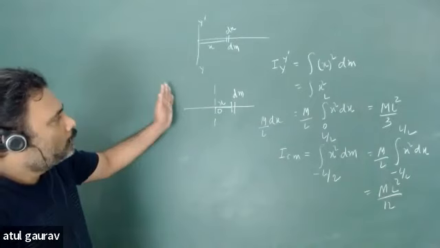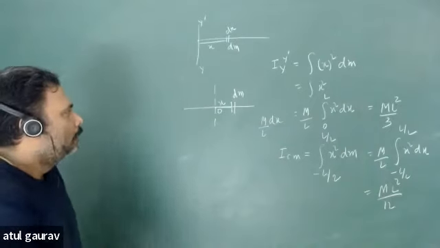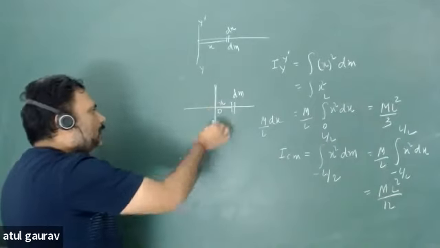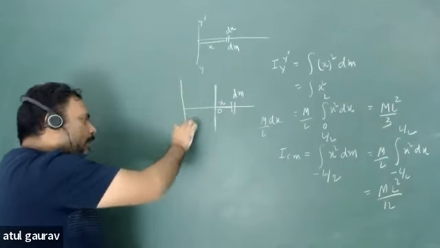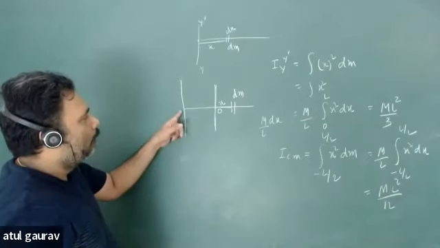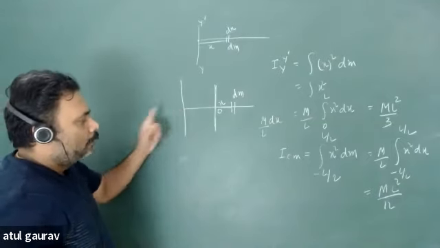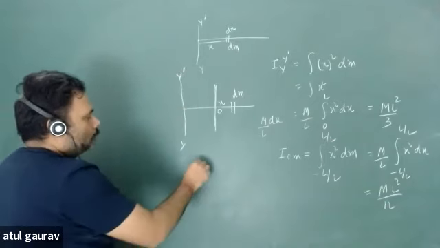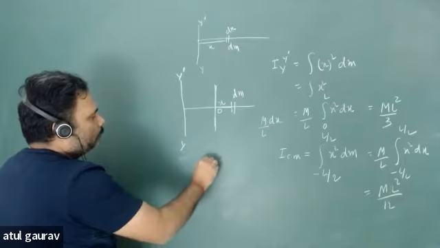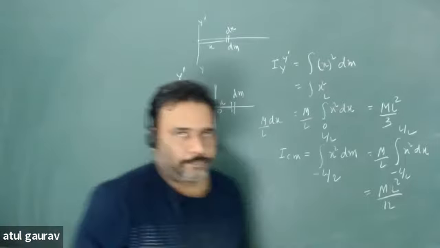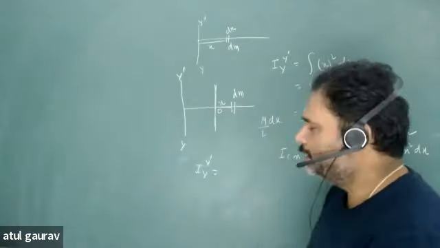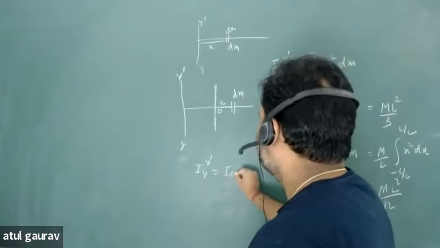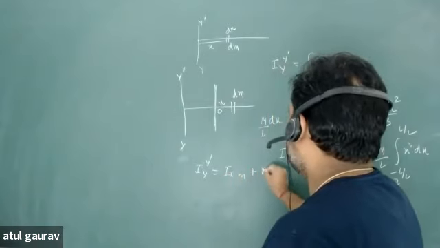Now we can use the parallel axis theorem. We have calculated the moment of inertia about the center of mass, and now we want the moment of inertia about this particular end point. So that value is equal to ICM plus MD square.